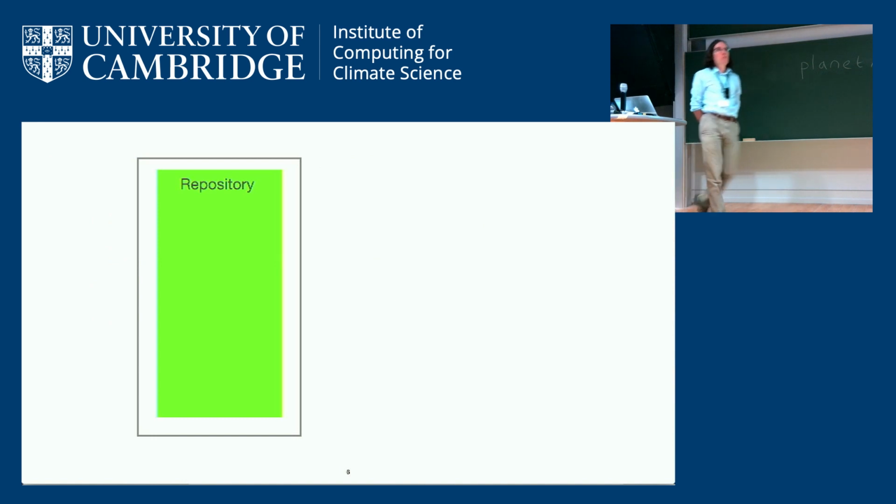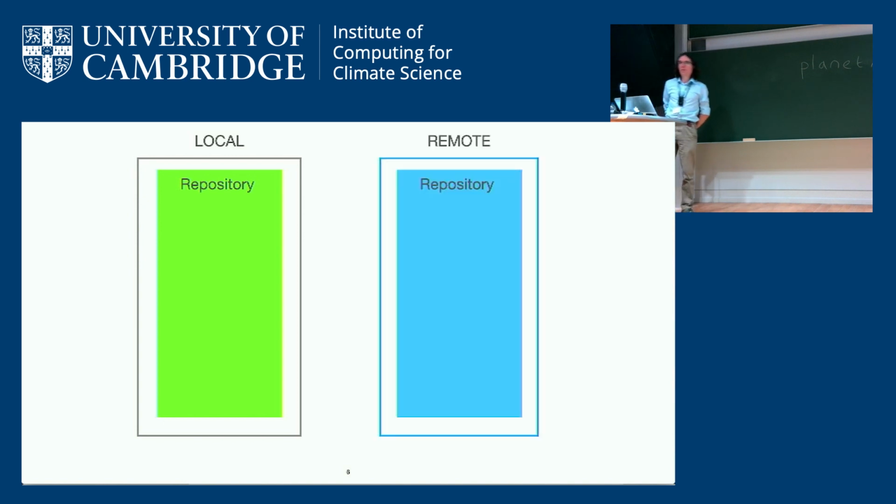Okay, so the central organizing principle of Git is the idea of a repository. A repository is where we keep our files, and it's how it organizes everything about the history of those and all the changes. And we're going to understand things in terms of having a local repository and a remote repository. The local repository is what I have here on my laptop, and the remote repository is connected to that somewhere else.